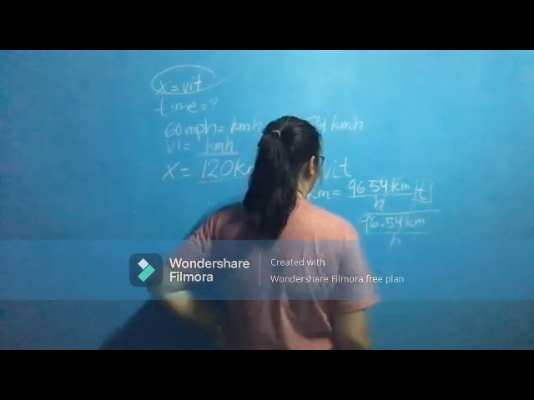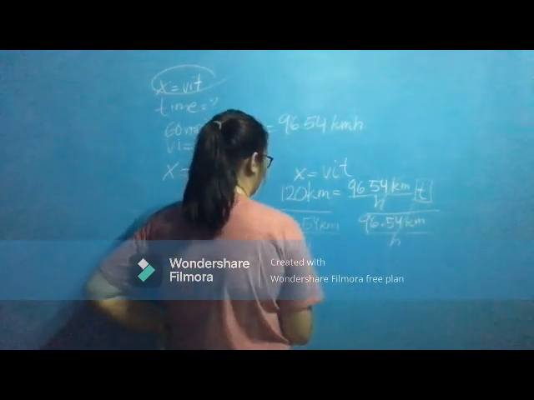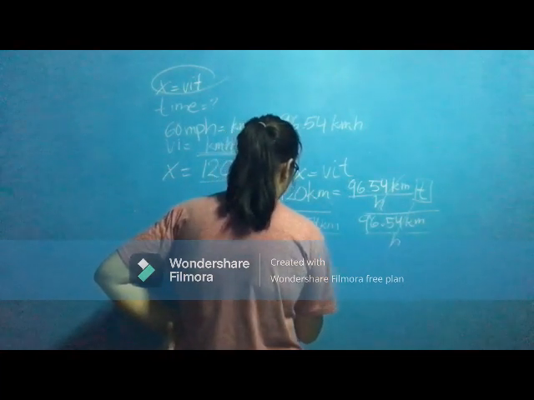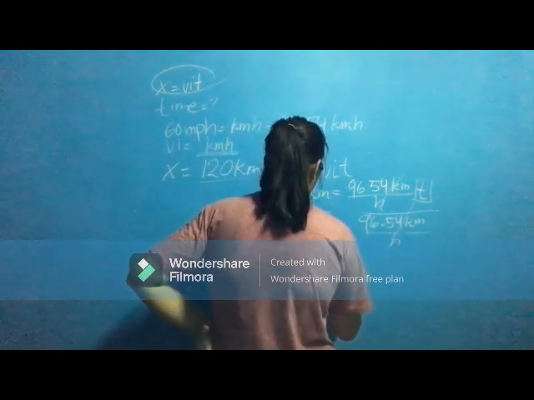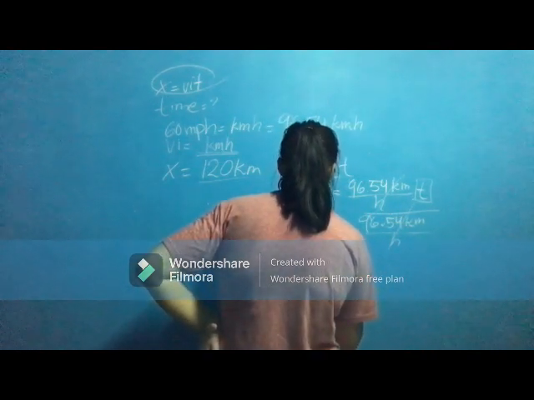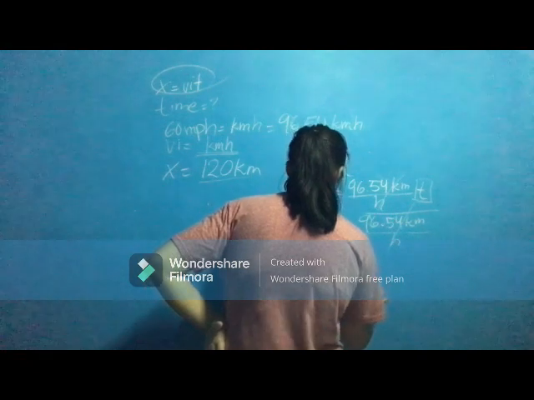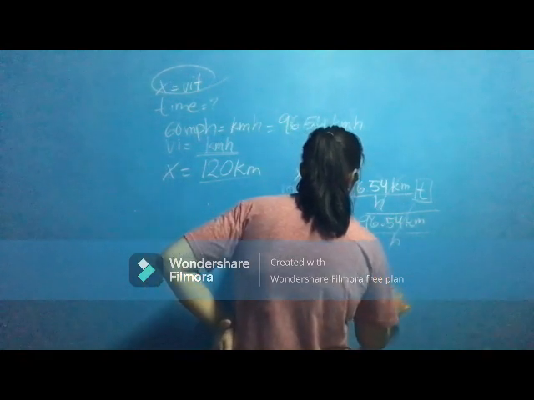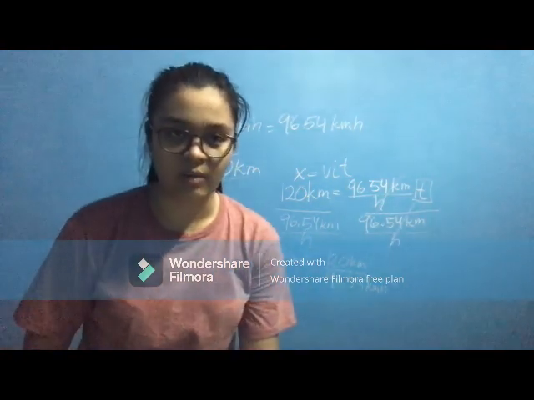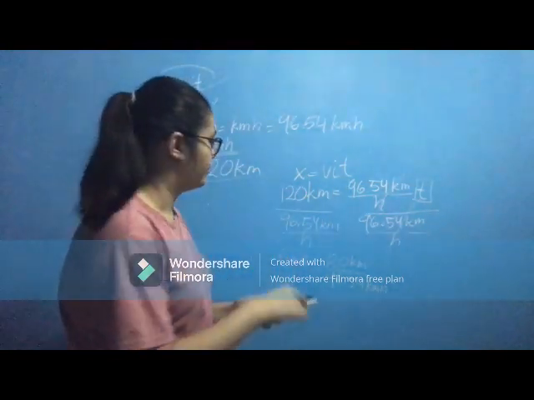This is gonna cancel out, and the remaining for time is 120 kilometer over 96.54 kilometer per hour. Let's hit that on the calculator and let's have our answer.